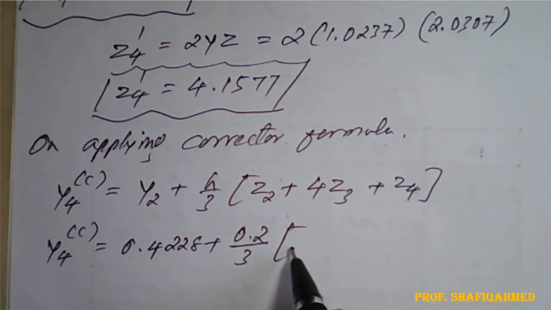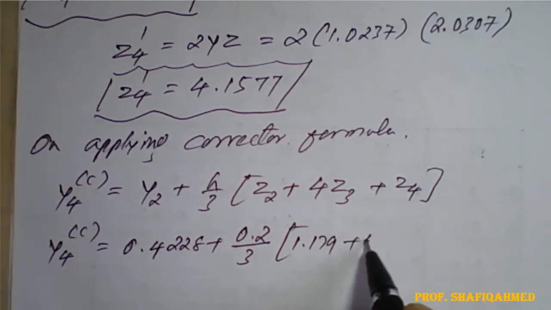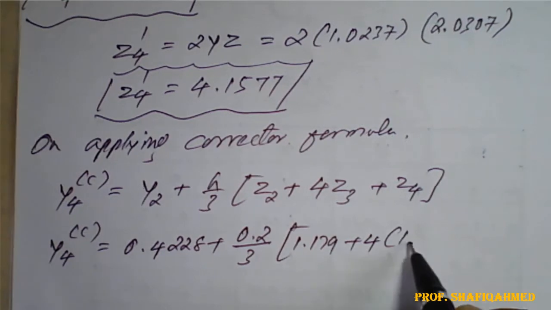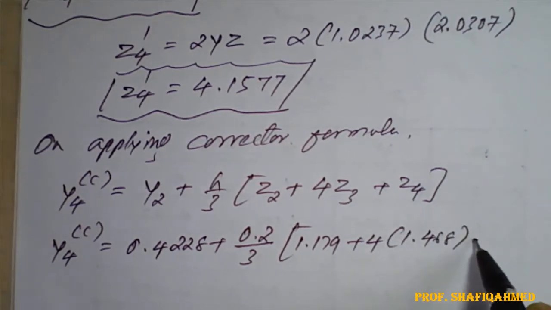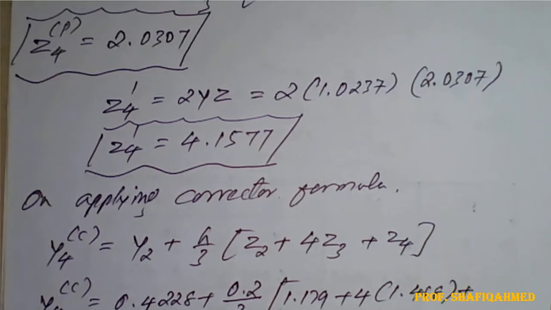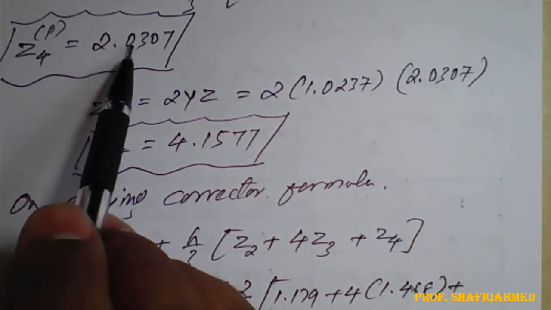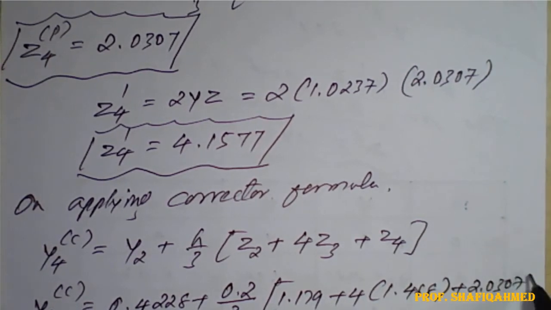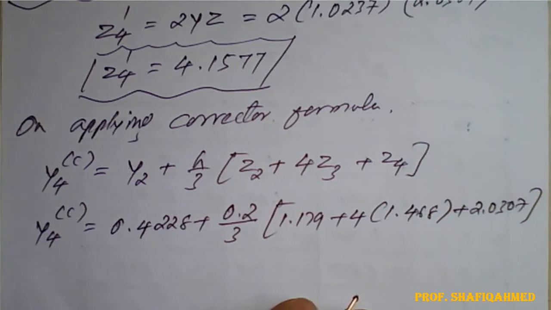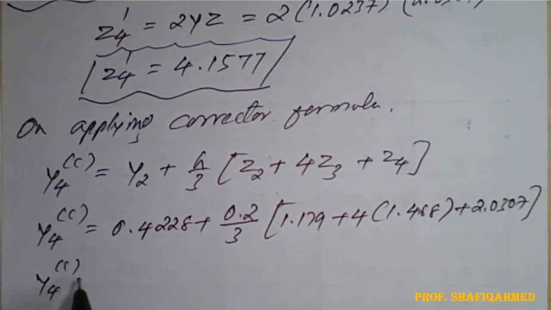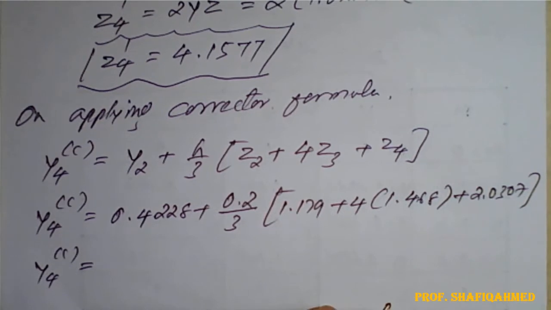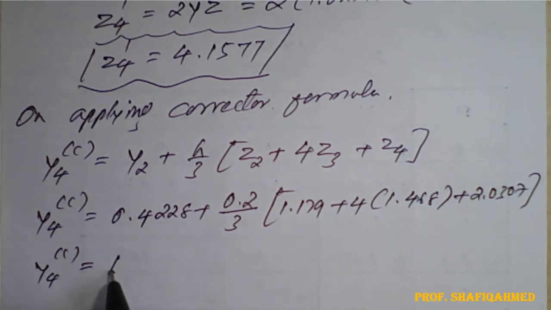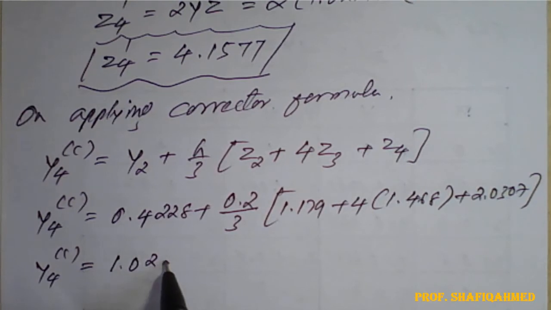Z2 value from the table is 1.179 plus 4 times Z3 value is 1.468 plus Z4 value we have just calculated, 2.0307. So on calculation, y4 of c will be 1.0282.